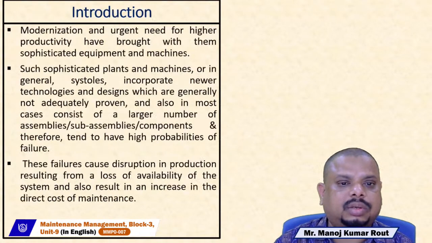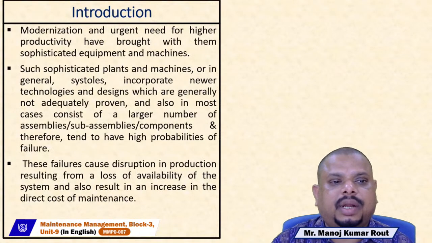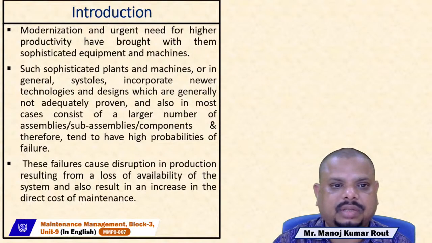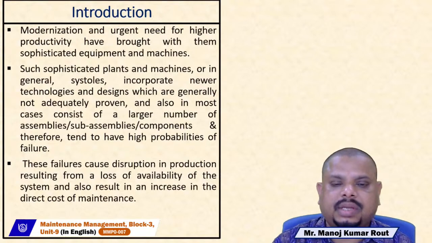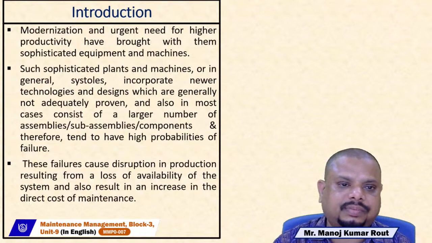Moving to the next one, we have the introduction, as far as the modernization of industries is concerned, starting from Industry 1.0 to Industry 4.0. In most cases, the production department requires highly sophisticated equipment and machines.